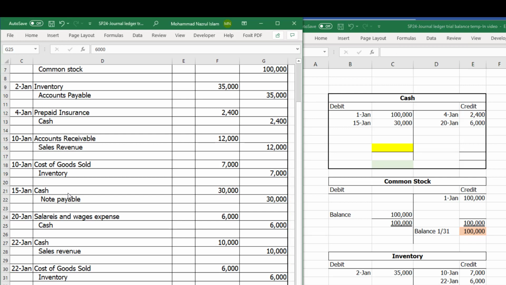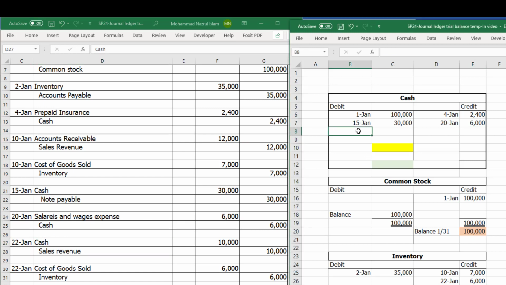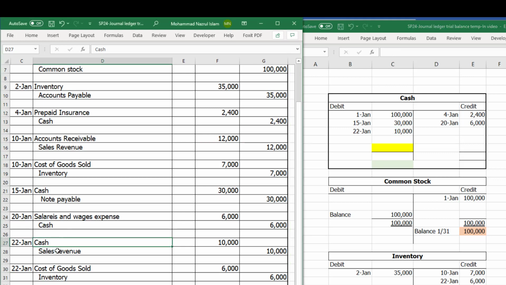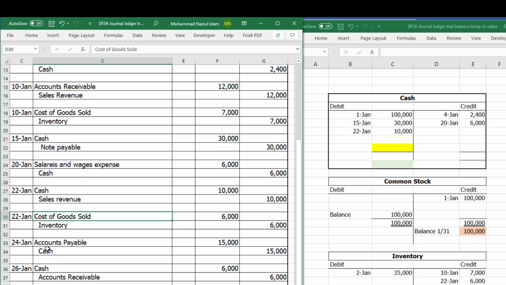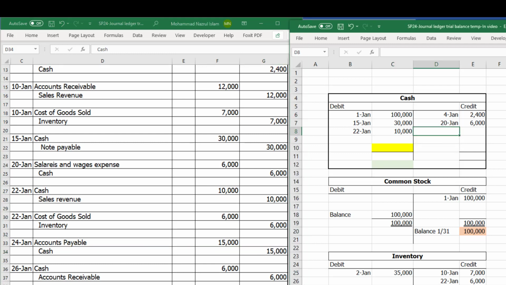Then we have another one, cash debit, on January 22nd, and that is $10,000 cash debit. Then we have another one on January 24. That is credit cash. The cash is credit, so let's go on the credit side. So 24, and the credit is 15,000.